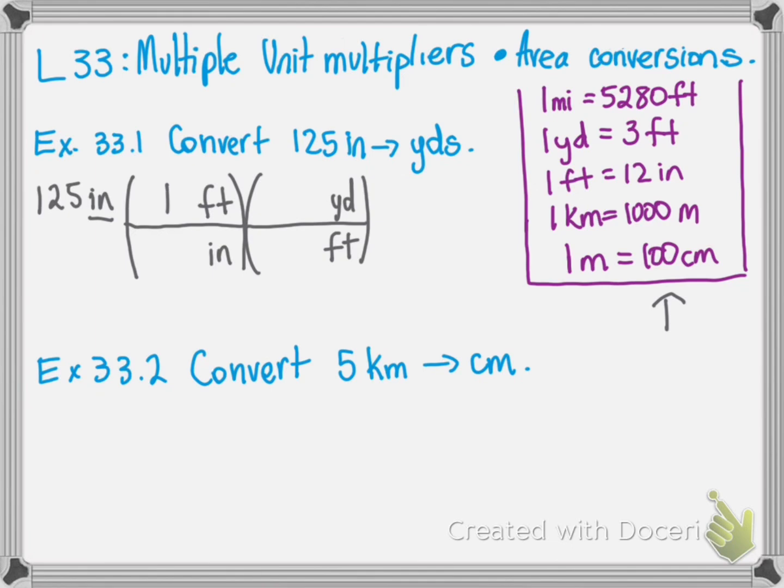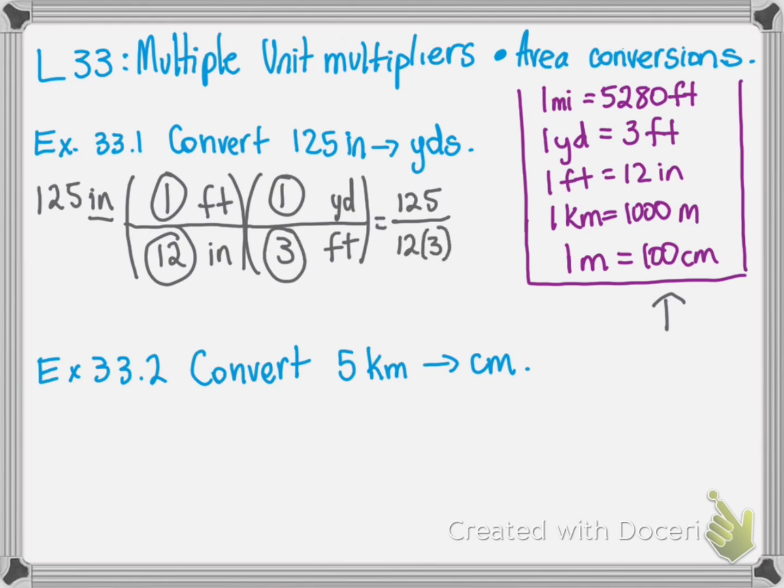So 1 foot is 12 inches and 1 yard is 3 feet. Remember that you don't have to multiply these. You can do it in your calculator if you want to, but what we're going to do is put the 125 that is on the top times 1, which doesn't really affect, over the 12 that is on the bottom, and the 3 that is also on the bottom.